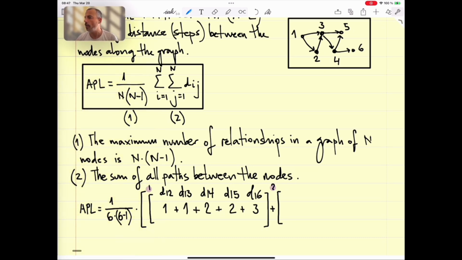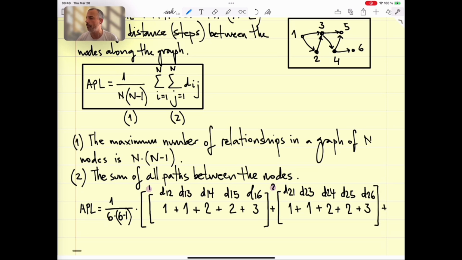All right, so 2 to 1, the distance is also 1. 2 to 3 is also 1. 2 to 4 is going to be 2. 2 to 5 is going to be 2. 2 to 6 is going to be 3.